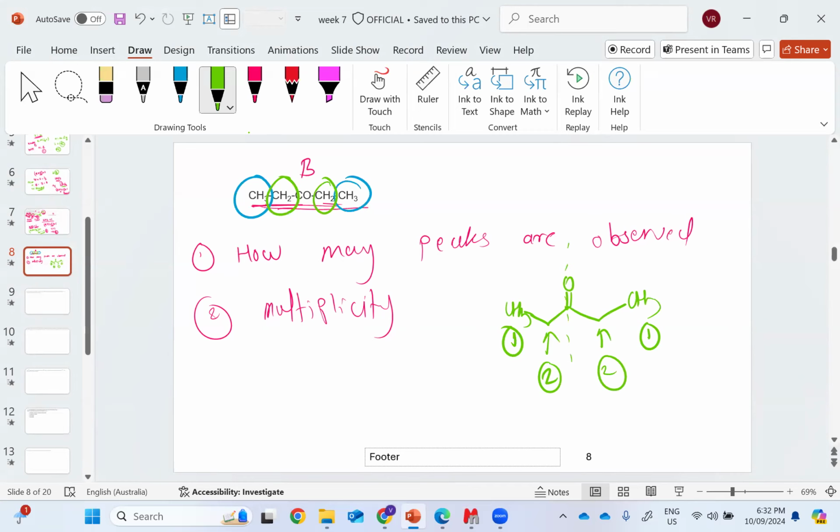So we observe the number of peaks here is two, and now the multiplicity of this one. This CH3 is coupled with the CH2, right? So when you are calculating the multiplicity of this CH3, at that time we need to take into consideration the n adjacent protons.